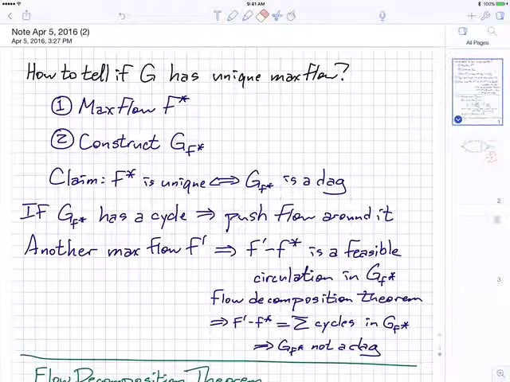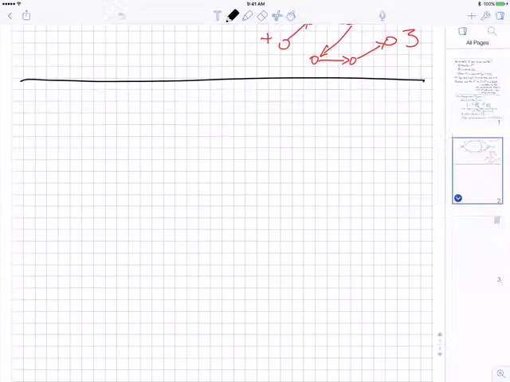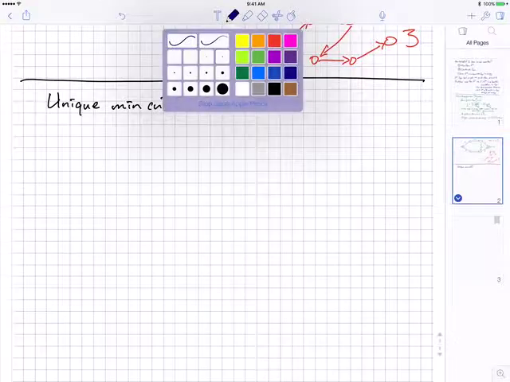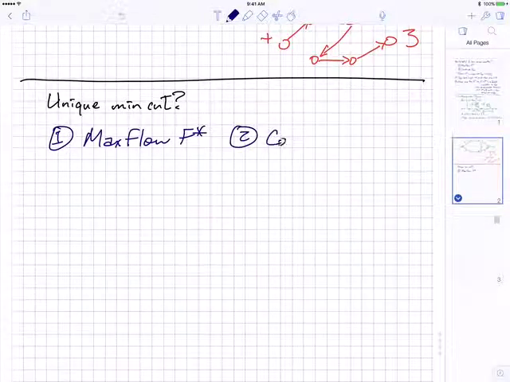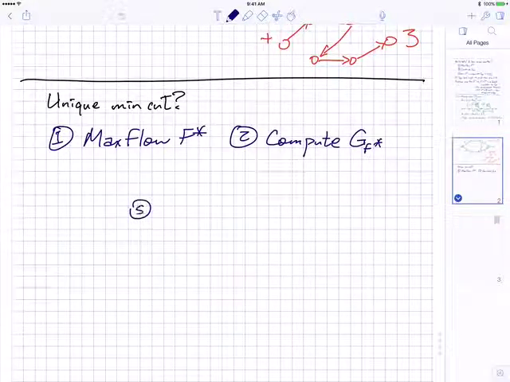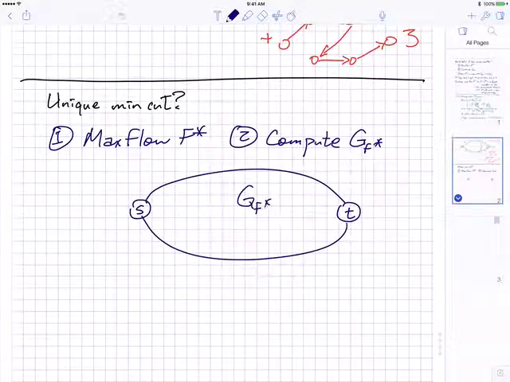The other half of your question was, how do you tell when a graph has a unique minimum cut? This one I'm not going to go into quite as much detail, but here's the basic idea. Again, I'm going to compute a max flow, F star, and compute the residual graph, G of F star.